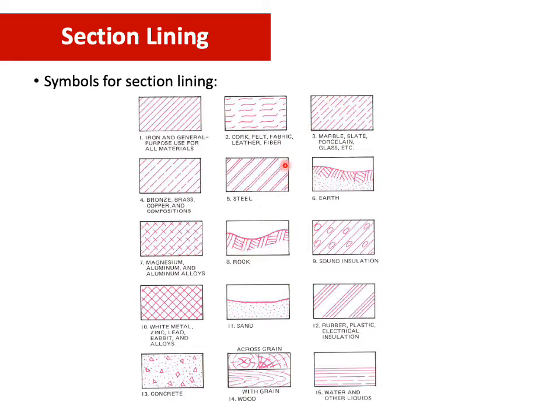These different patterns show you different types of material. It can be steel, sand, rubber, or concrete. It depends, so you need to learn or search which symbol stands for which material. If it is made from plastic, you can use this section lining.